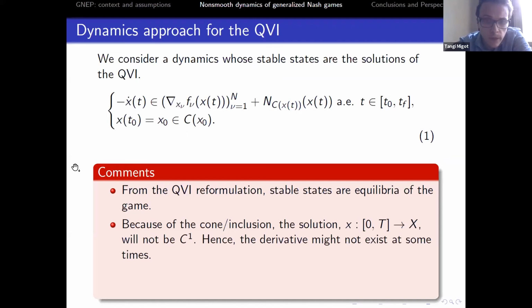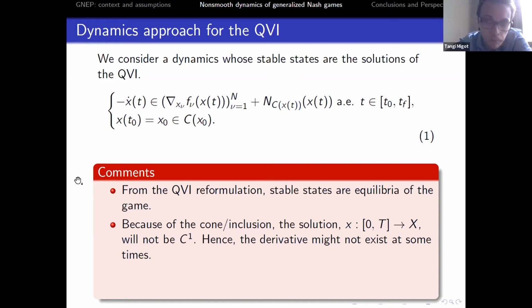And so one tricky thing here, it's not like classical differential equations, because it's an inclusion and because of this cone, because of the normal cone, the derivative might not exist at some point. So the solution of this differential inclusion will not be C1, okay?